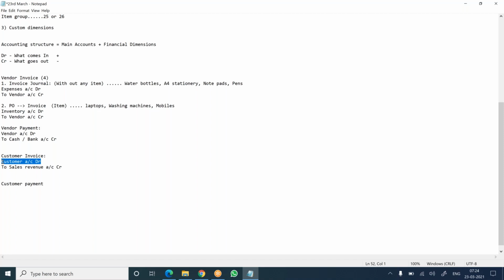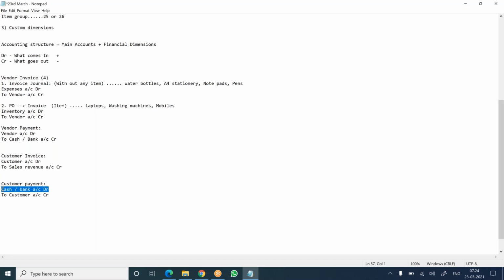Customer payment means my cash balance or bank balance will be increased. Customer balance will be decreased because the customer is paying money, meaning I am receiving money by cash or bank.